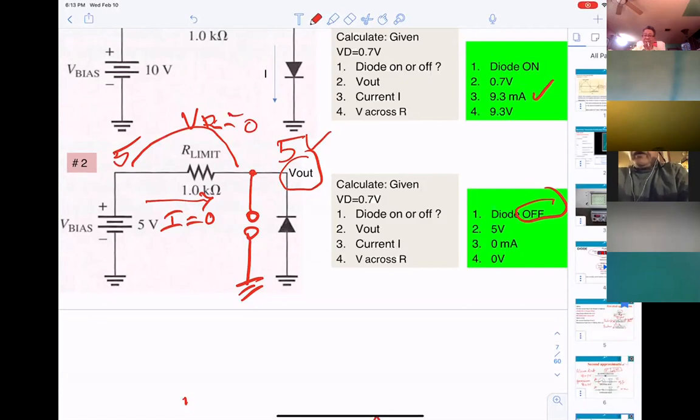How did you find how much V out is? Maybe V out is minus 2 volts. How come you say minus 2? Where do you get minus 2? You have a 5 volt power supply there. How come you say minus 2 or minus 3? Where do you get that?